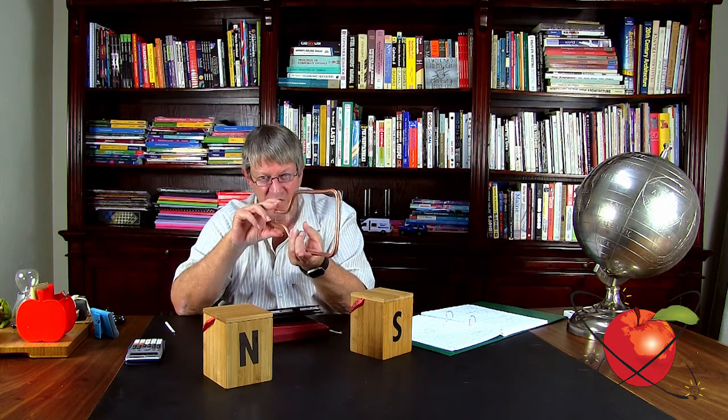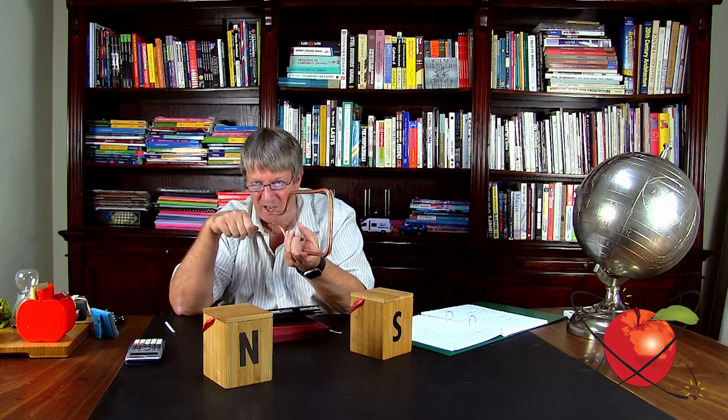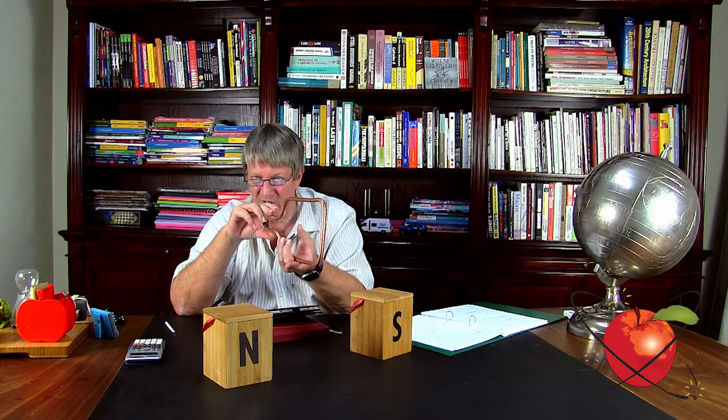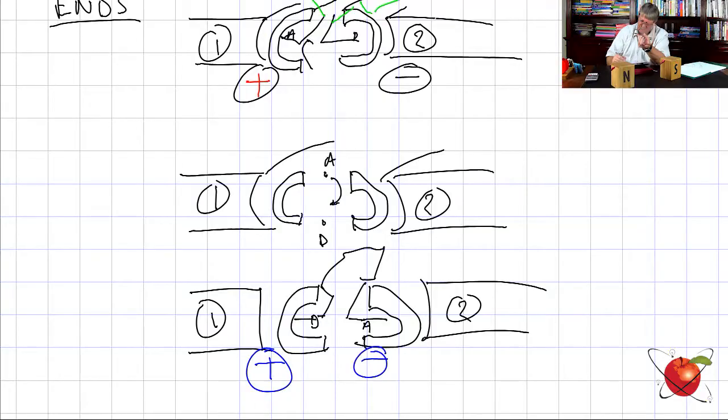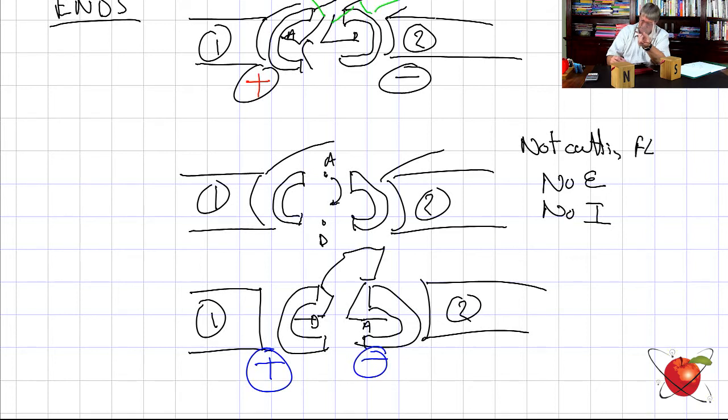You're still forcing it round, so you keep moving it. It's in no man's land, so there's basically no EMF, no current. We are not cutting the flux line.